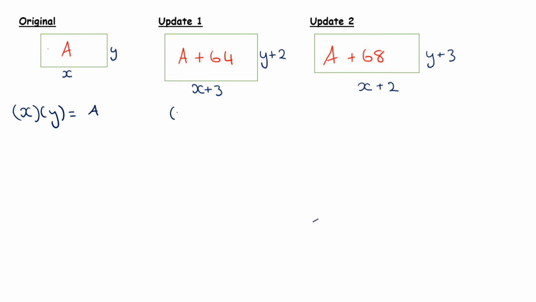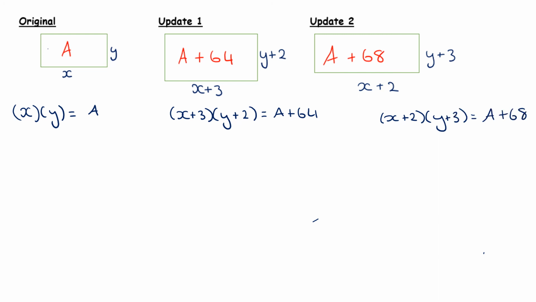Here in update 1, we have x plus 3 times y plus 2 equals the area plus 64. In update 2, we have x plus 2 by y plus 3 equals the area plus 68.